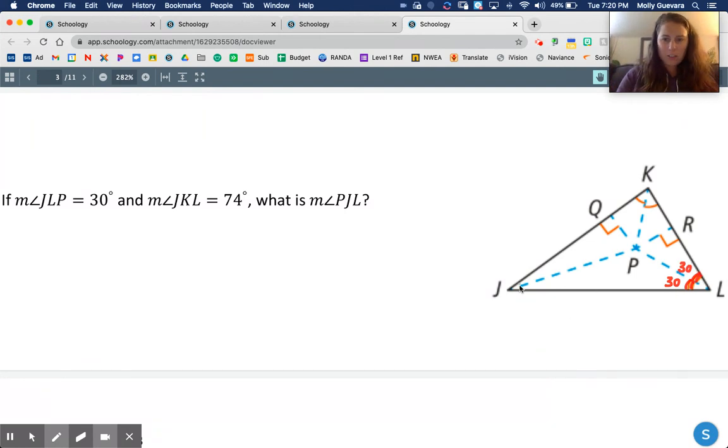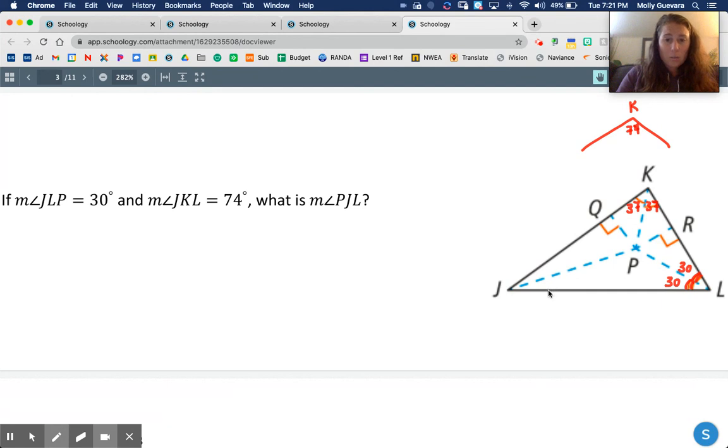And that the measure JKL, so this whole thing, is 74. So again, this whole angle K is 74. So if I divide that in 2, that tells me that this angle is 37 and this angle is 37, right? Because that adds up to 74.